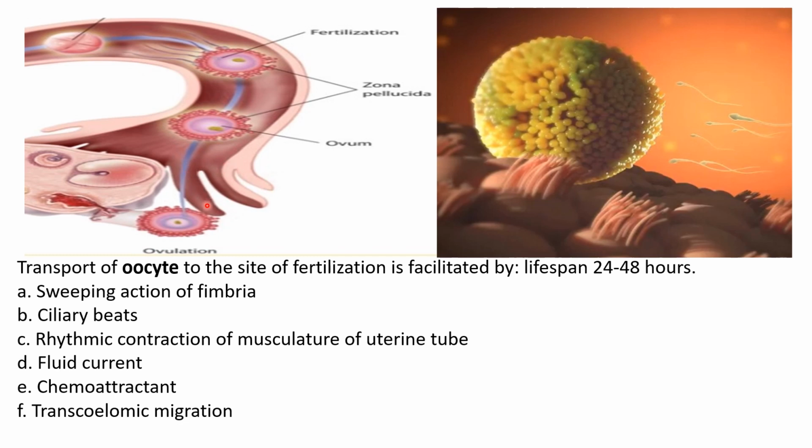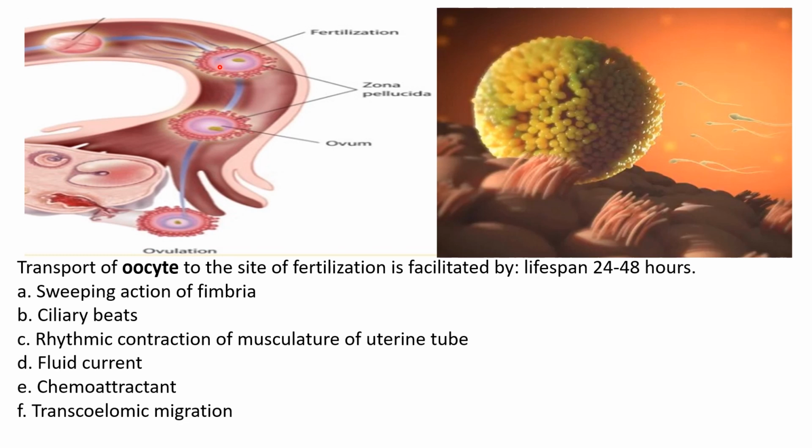These finger-like projections, by their sweeping action, will propel the oocyte into the uterine tube. Again, you know that the uterine tube is lined by ciliated columnar epithelium. Here you can see the ciliated columnar epithelium. These cilia will again propel the oocyte towards the ampulla.